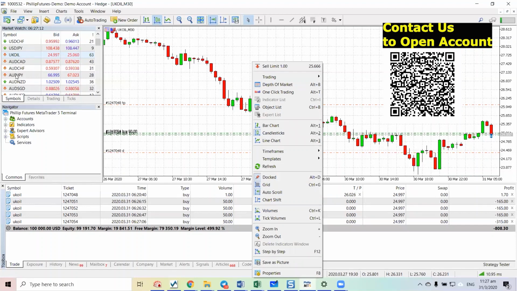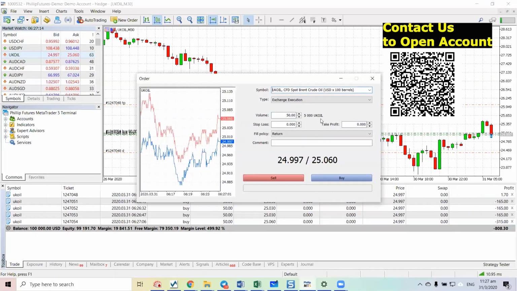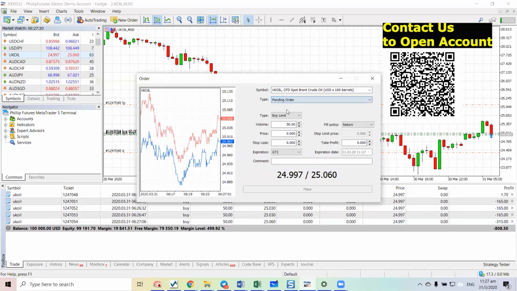By the way, I think they also need to know that besides exchange execution, there's a pending order. Let me take this opportunity to show the pending order. With a pending order, you can buy at whatever price you want, so you can select the price. Let's say you want to queue to buy at 24. You can do this, and it is a good-till-cancelled order.